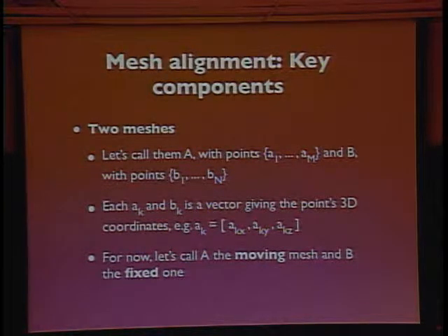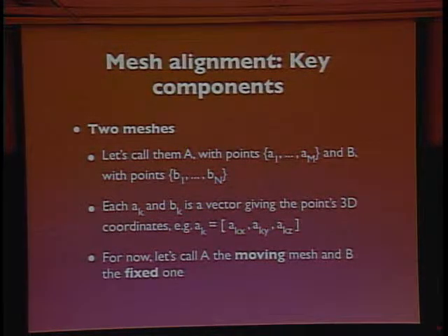Because those surfaces consist of points that are connected together with these lines, they're usually referred to as surface meshes. So let's say that we have two of these meshes, and I'll refer to those as A and B. A has points A1 through Am, and B has points B1 through Bn.